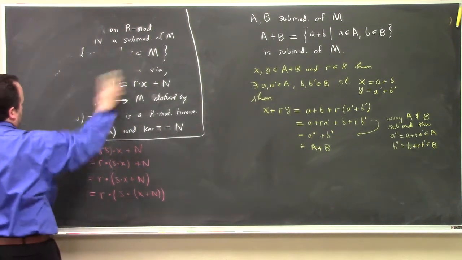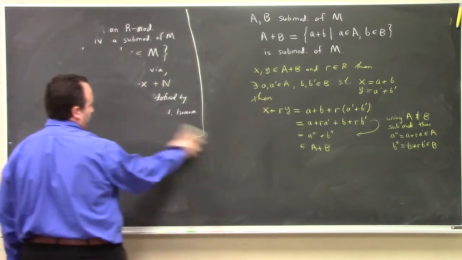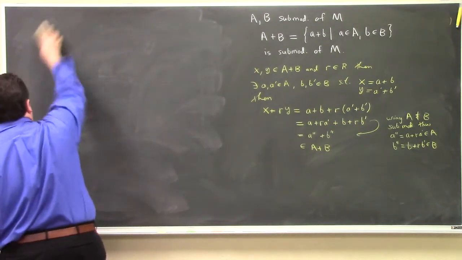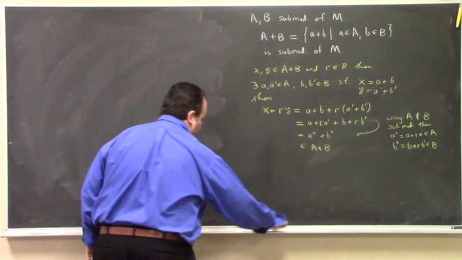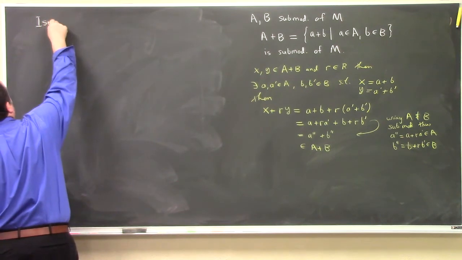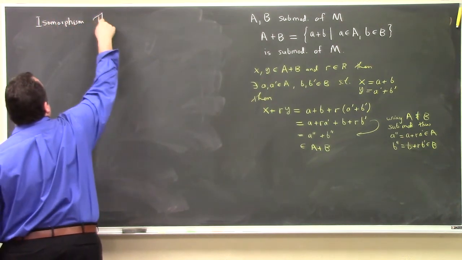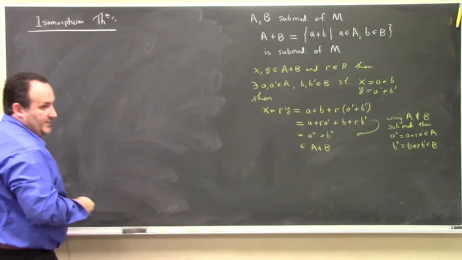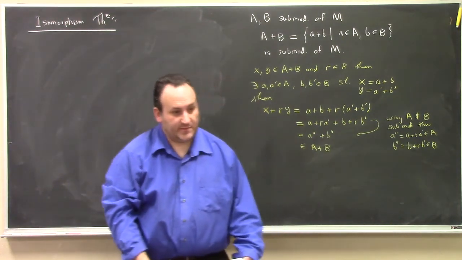And then the last idea in this section, and of course there are many more examples to read in Dummit and Foote that I'm not putting on the board here today, are isomorphism theorems. Dummit and Foote gives you 4 of them, 4 isomorphism theorems.